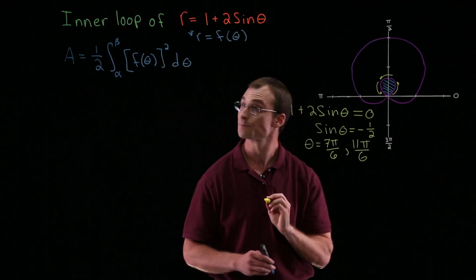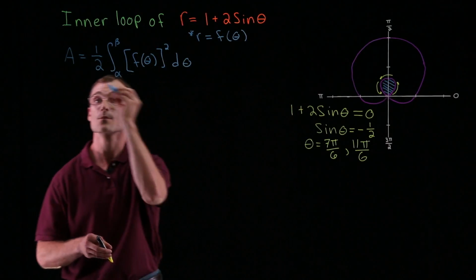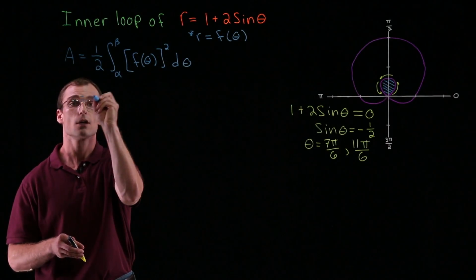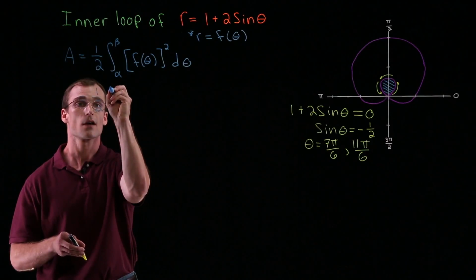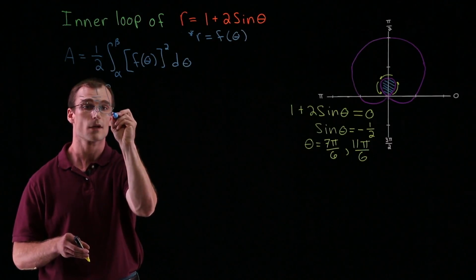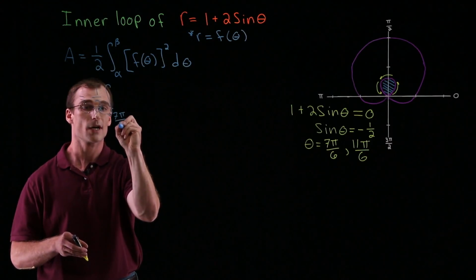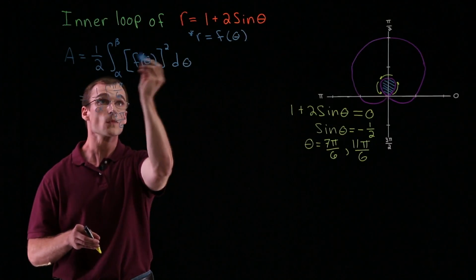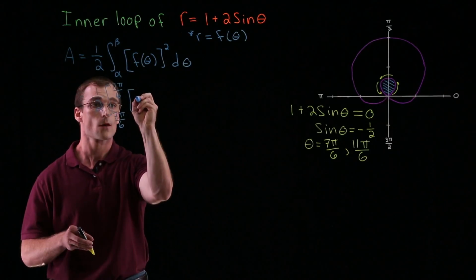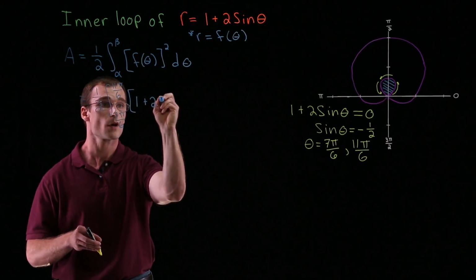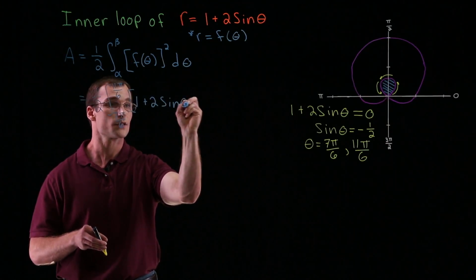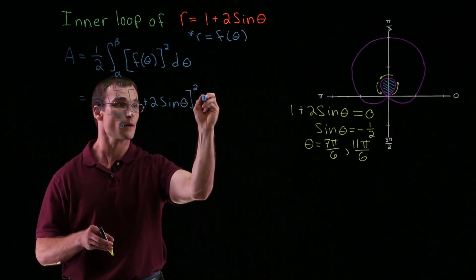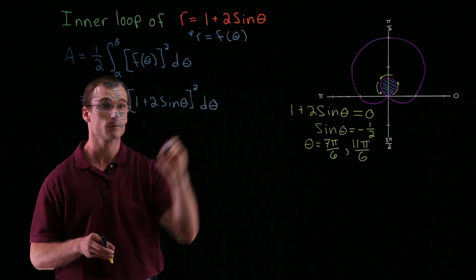So we can plug these in, coming back over here. So our integral, we're going to have 1/2 times the integral from 7 pi over 6 to 11 pi over 6 of our f of theta squared, or 1 plus 2 sine theta, quantity squared, d theta.